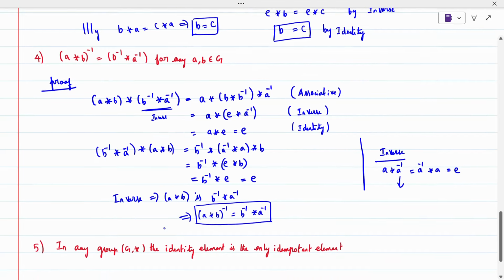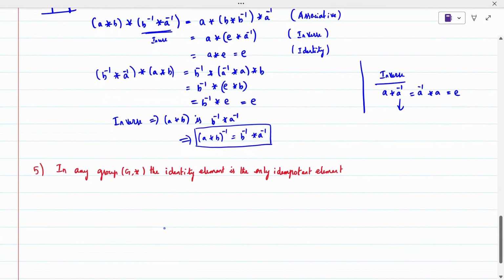Okay. The last property is very simple. In any group, the identity element is the only idempotent element. Idempotent element means A star A is nothing but A. Now I will take E, because identity element means E. E, how can I write it?